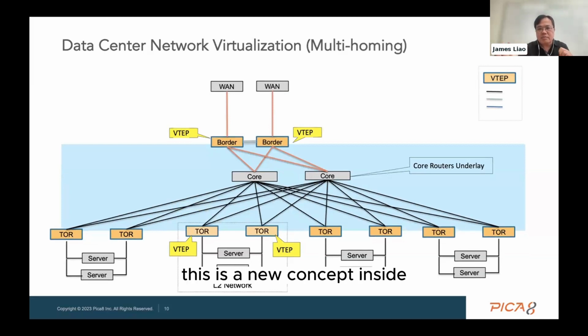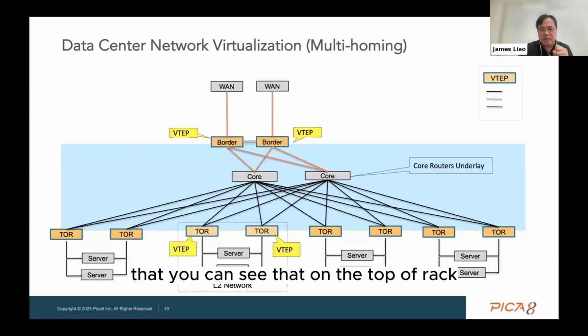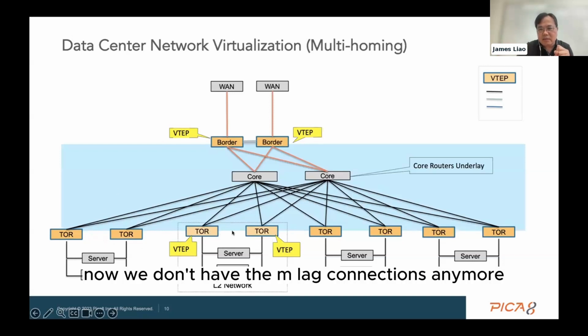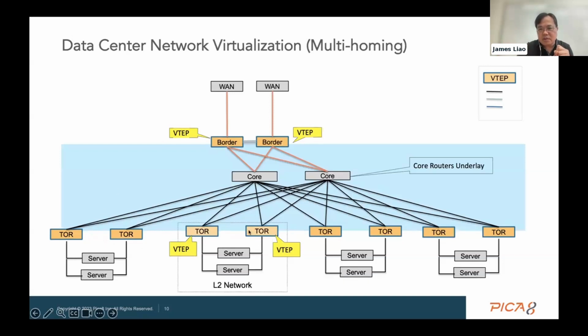And then we're going to talk a little bit about multi-homing. This is a new concept inside the EVPN concept. You can see that on the top of rack, now we don't have the MLAG connections anymore. So we only put VTAP on top of the top of rack switches. The layer 2, layer 3 dividing line is still on the top of rack.